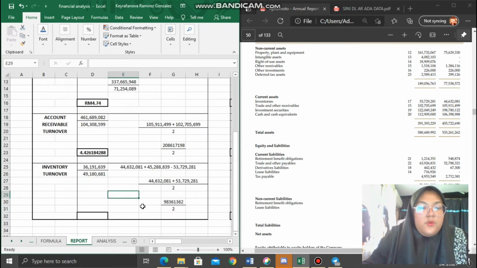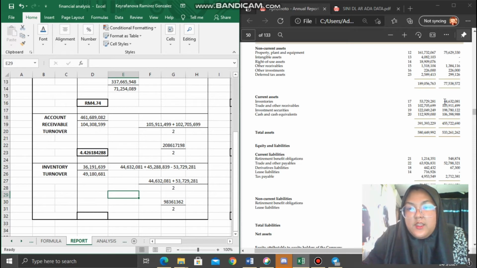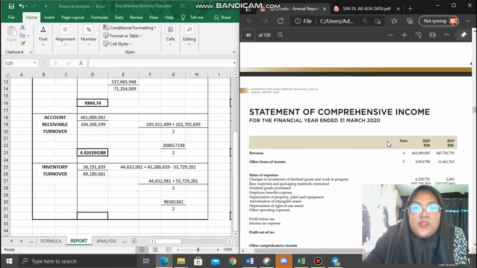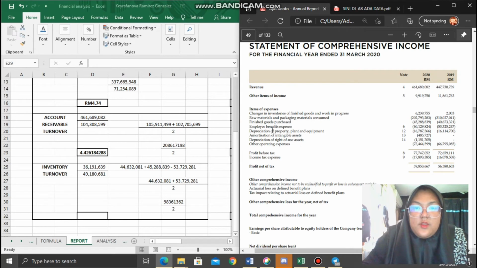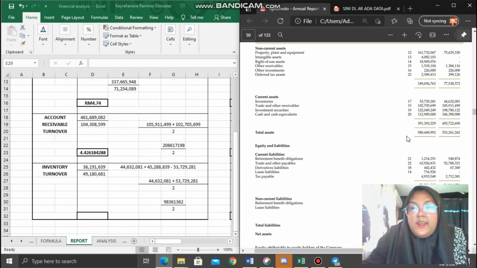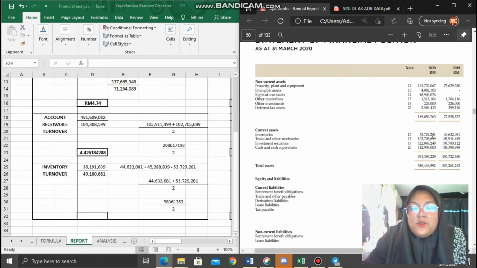Now for Ajinomoto Malaysia Berhad, we first find the beginning inventory for 2020, which is 44,632,081, and add with the purchases that have been done in 2020, which is 2,045,288,839, and minus it with the ending balance for inventory in 2020.